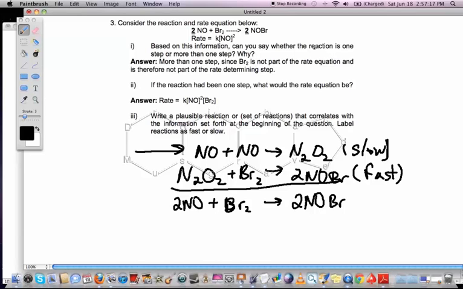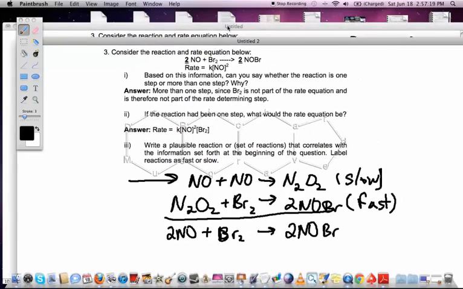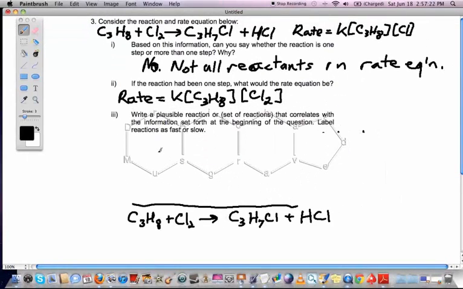Let's contrast that with the one we've got over here. Now what we've got is C3H8 and Cl in the rate equation, and in the reaction we've got C3H8 and Cl2. What that tells us is that I can pull the C3H8 out of the reaction for the rate equation, but what about the Cl?